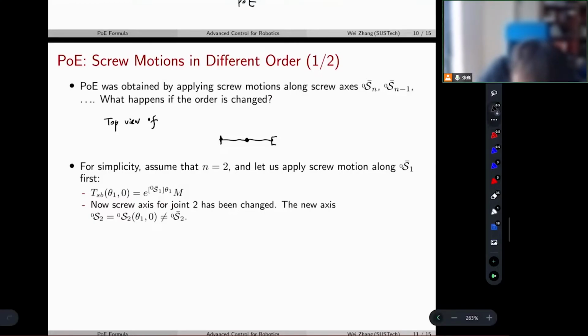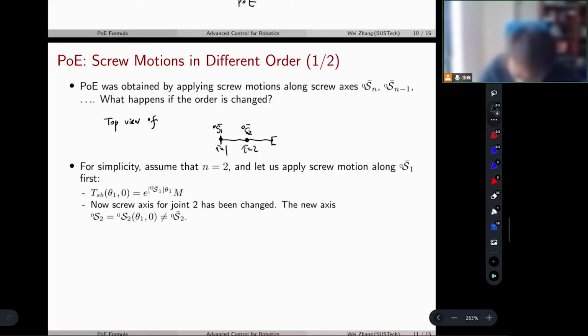So the screw axis will be a dot, pointing outside of my paper. That's screw axis S1 bar 0, and this is screw axis S2 bar 0 initially. Let's say this is i equal to 2, this is i equal to 1.